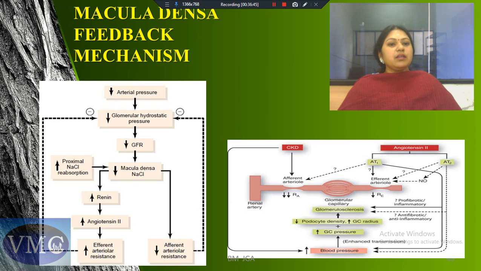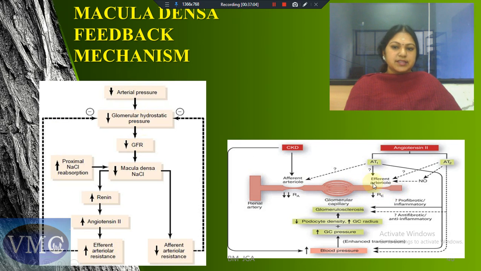So locally what happens is the arterial pressure decreases, juxtaglomerular pressure decreases, GFR decreases, the macula densa produces increased renin, angiotensin 2 is produced, and efferent arteriolar constriction occurs, so that the pressure increases and GFR comes back to normal.